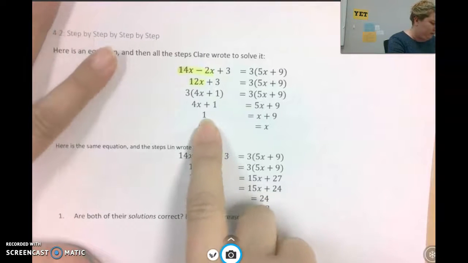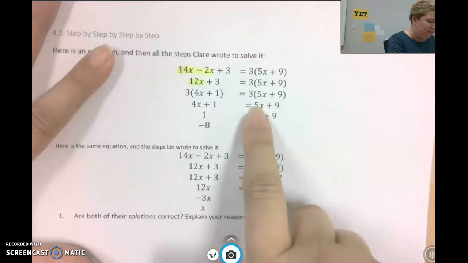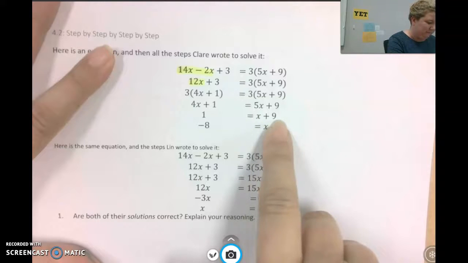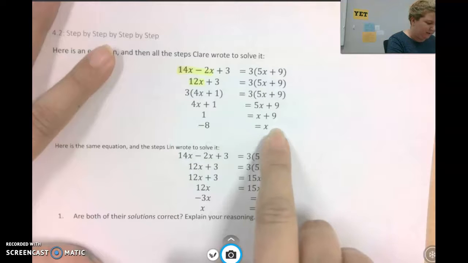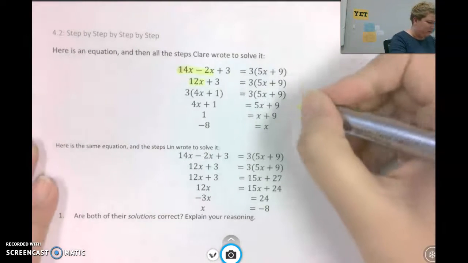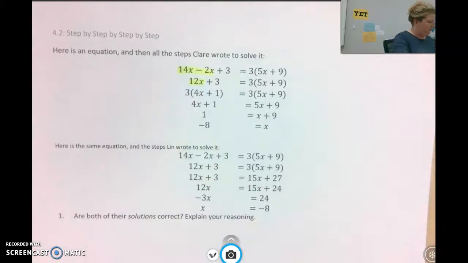Okay, then it looks like they've subtracted 4x from each side. So that would leave 1 here, and 5x minus 4x is x, plus 9. Okay, then they've subtracted 9 and subtracted 9. So this is correct. Everything there is correct.